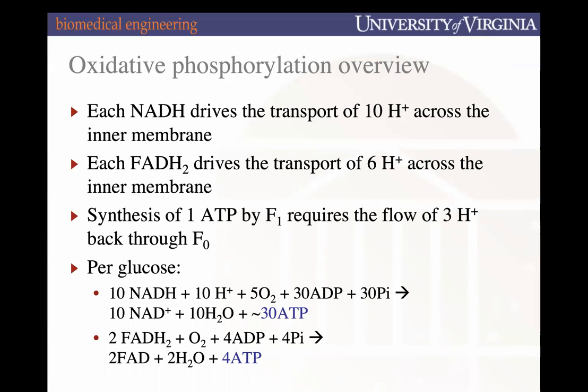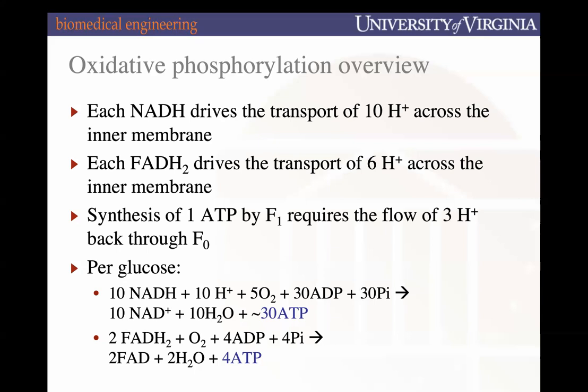So that means in total there are 10 hydrogen ions for each NADH. Because complex 2 can't drive ions across, there's only going to be 6 hydrogen ions for each FADH2. And we have, again, our ratio of 1 ATP for 3 hydrogen ions.